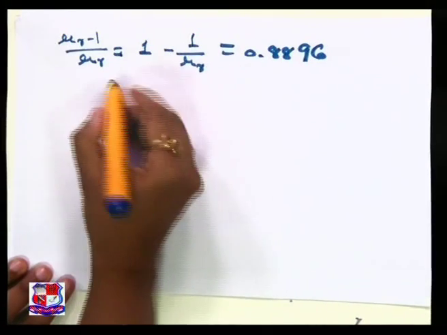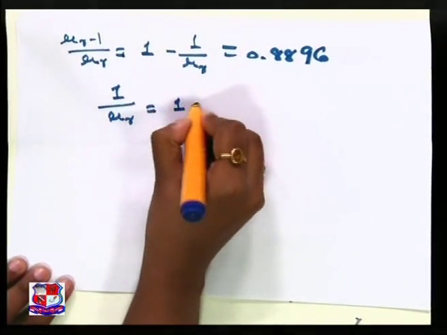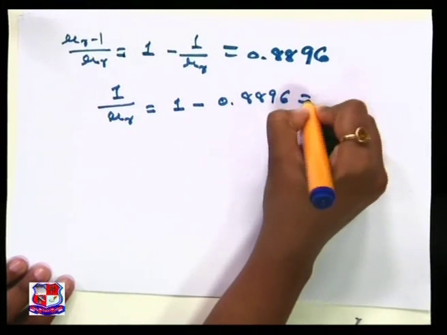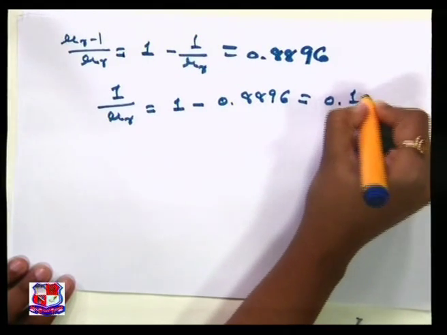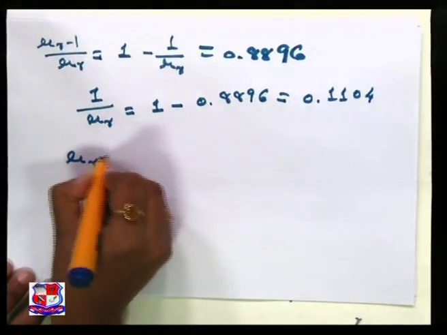So what will you get from this? 1 over mu r is equal to 1 minus 0.8896, that is around 0.1104, right?